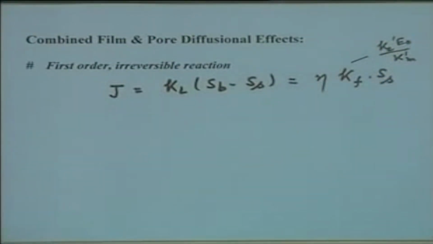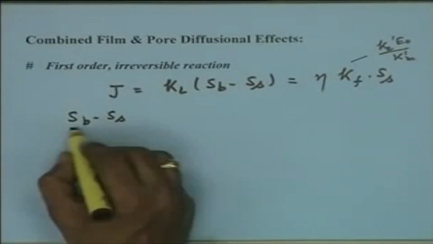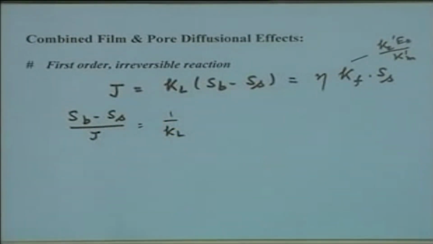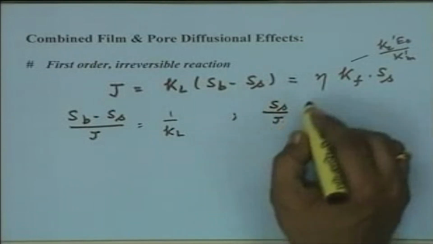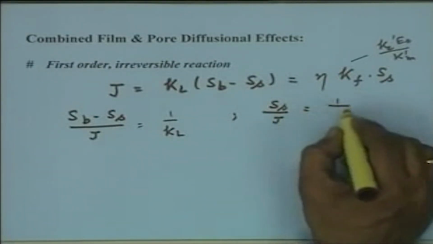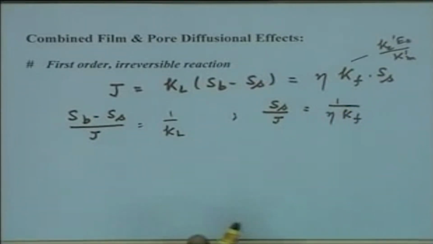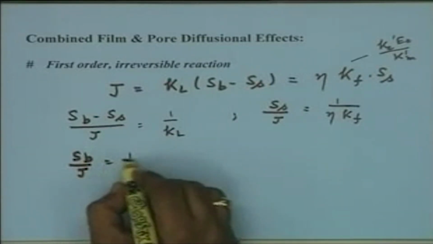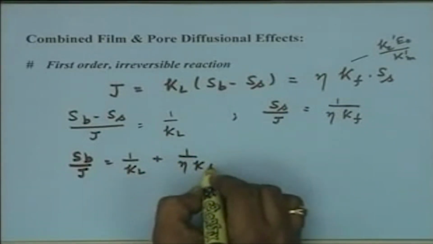If you simplify this, you can write (SB minus SS) upon J equal to 1 upon KL, the inverse of the film diffusion coefficient, and also SS upon J is equal to 1 upon eta Kf, and therefore SB upon J is equal to 1 upon KL plus 1 upon eta Kf.